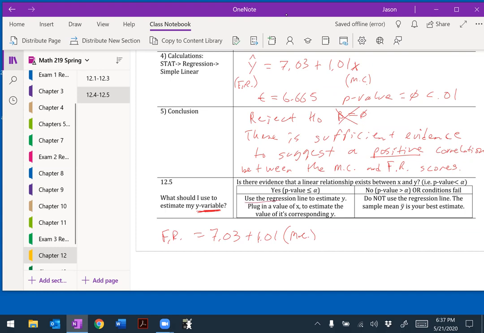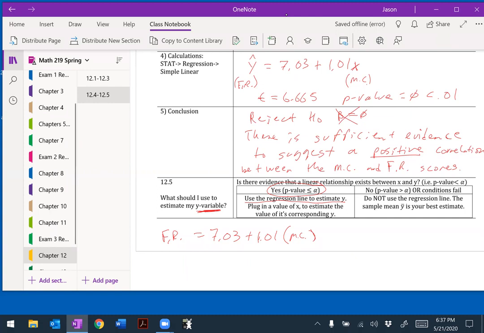Well, it says use the regression line to estimate. If your p-value is less than alpha, if there is a positive or negative correlation, if I reject my null, then I can use the regression line. If I don't reject the null, I can't use the regression line because it is totally useless.